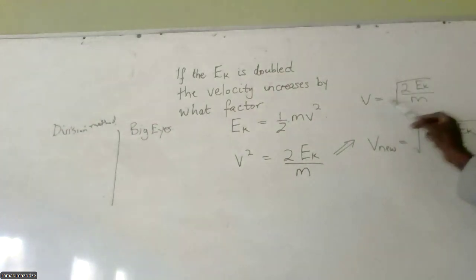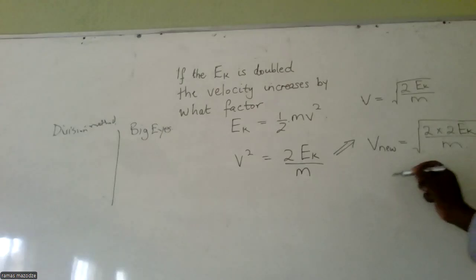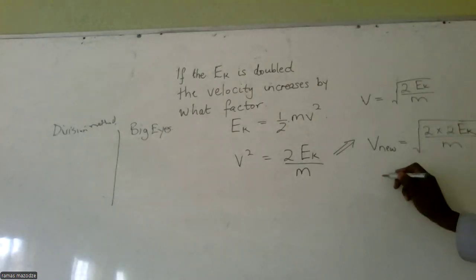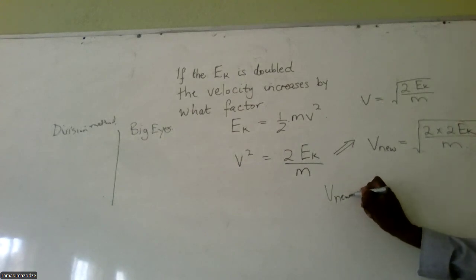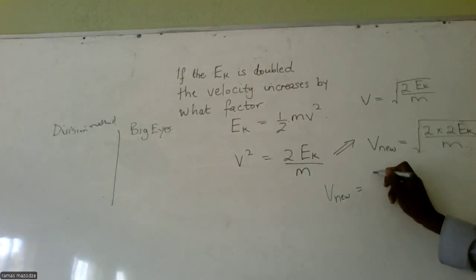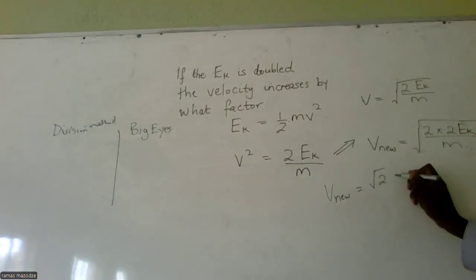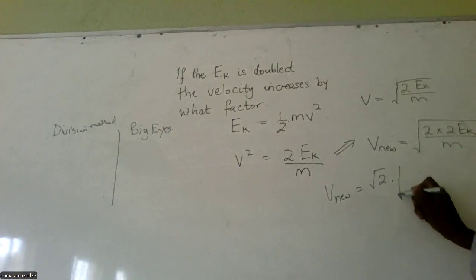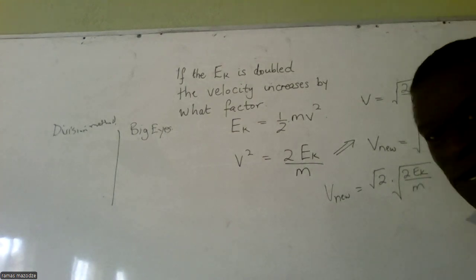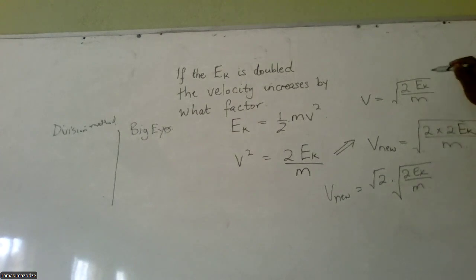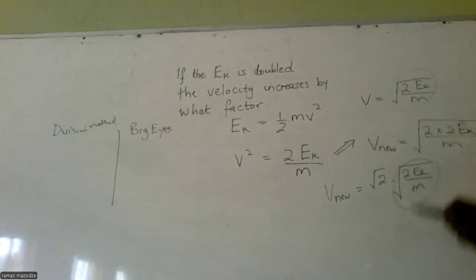If you compare these two expressions, I want them to match, so I can rewrite this as V new equals, I take out the square root of 2, which is mathematically correct, then the square root of 2 EK over M. Now, this is V. That's why I say try to make sure that they match mathematically.